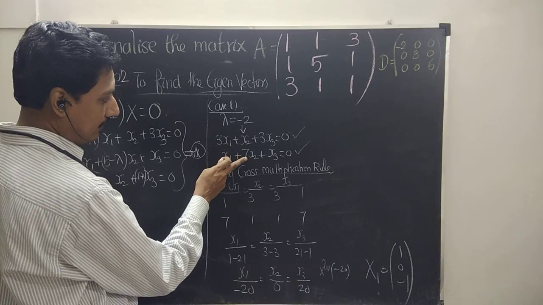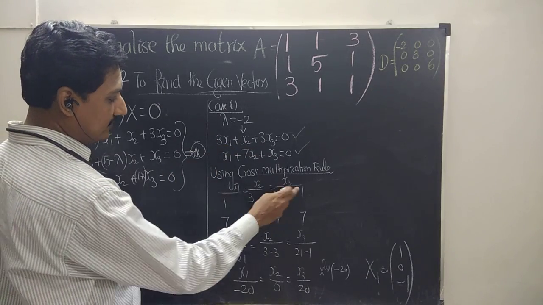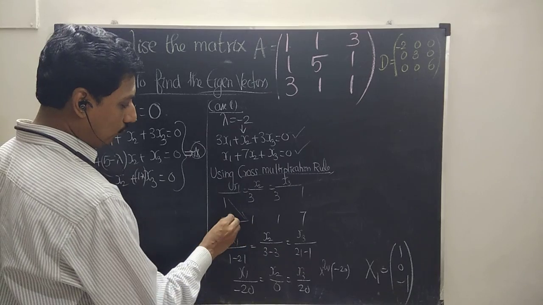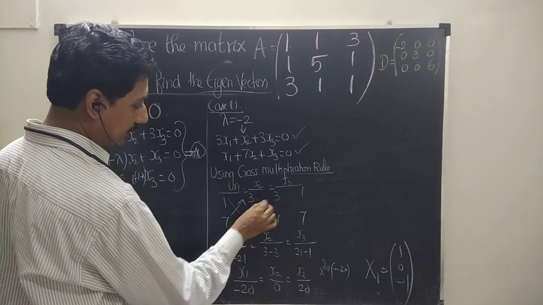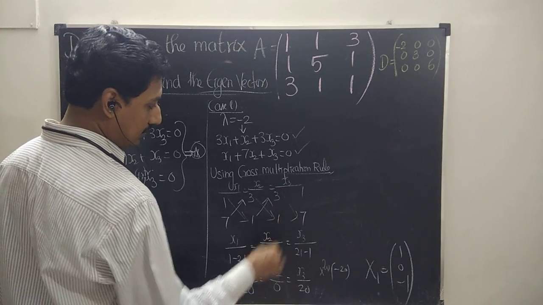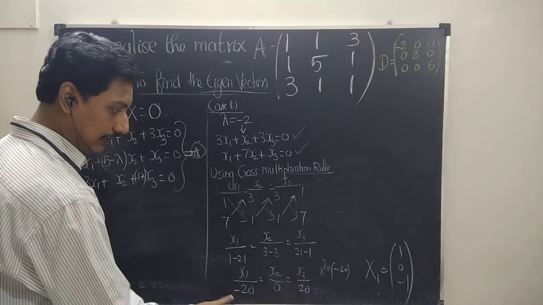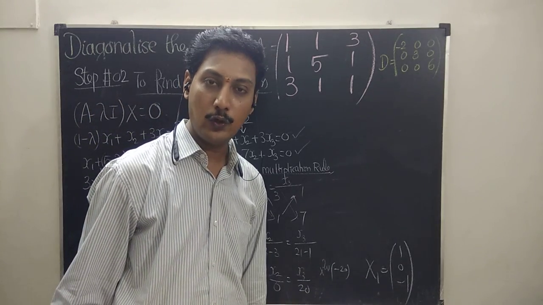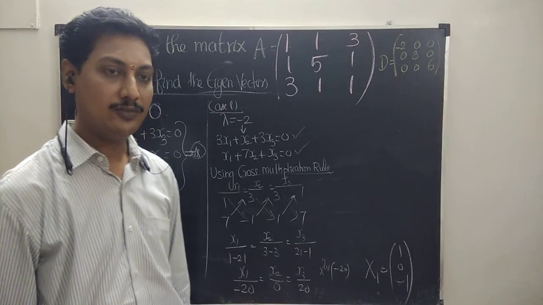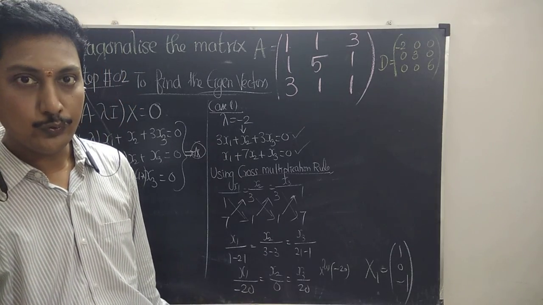Start with the middle variable; the coefficients are 1 7, 3 1, again 3 1, 1 7. So x1 gives 1 minus 21, which is minus 20; x2 gives 3 minus 3, 0; and x3 gives 21 minus 1, which is 20. This is a multiple of minus 20, so we get x1 equal to [1 0 minus 1]. This is the first eigenvector corresponding to the eigenvalue lambda equal to minus 2, right?